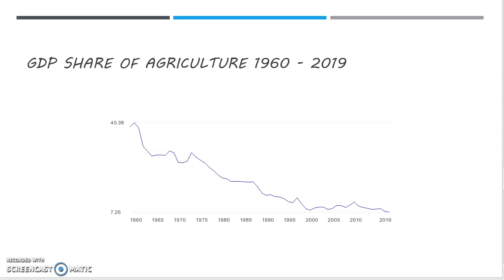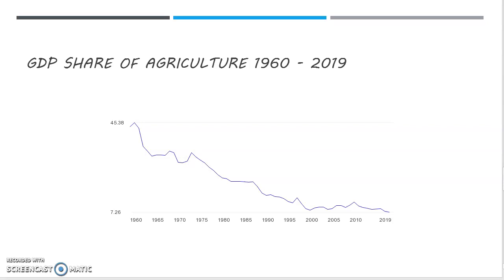In 2019, the share of agriculture is merely 7.26%. It's less than 10% of our GDP. So that's why we say there's a big transformation, or a structural change from the agricultural sector into the modern sector. There was a shift in the economy from agriculture into the modern sector.